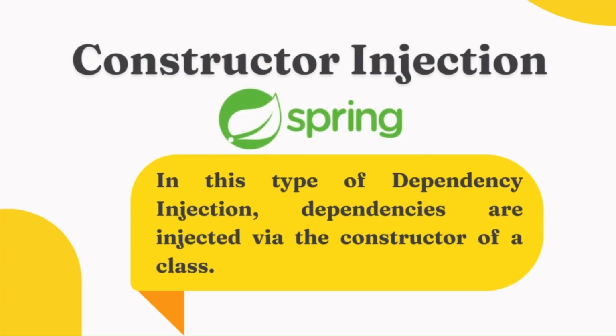Now, what is constructor injection? In this type of dependency injection, dependencies are injected via the constructor of a class. So, when Spring creates an instance of the class, it passes the required dependencies as arguments to the constructor.